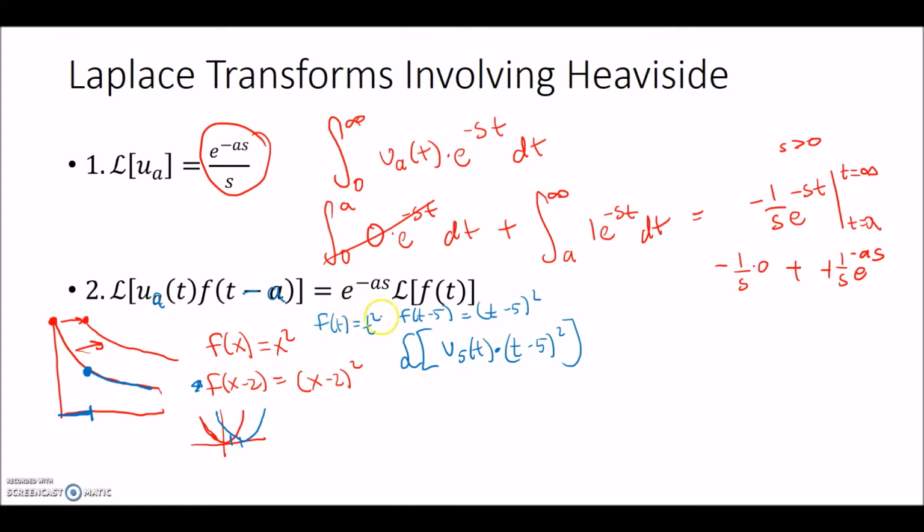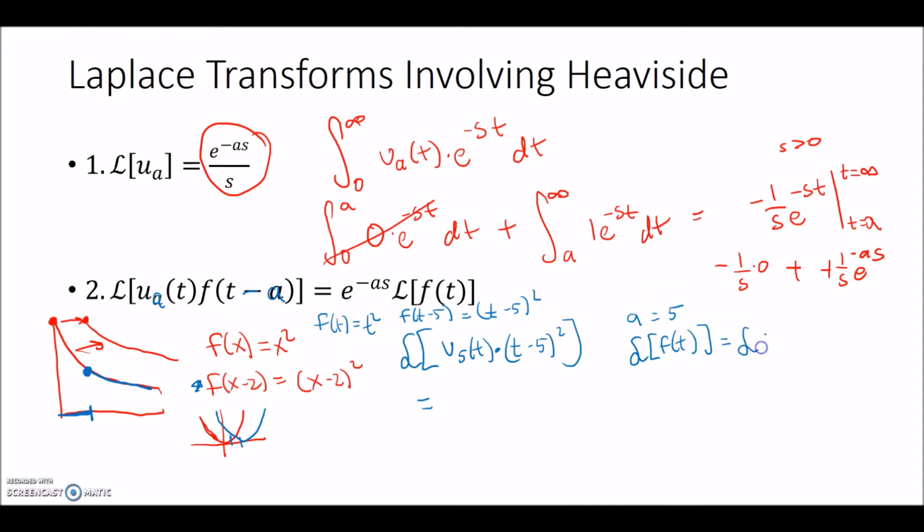And the right-hand side says, well, it's going to be e to the negative as. In my case, a is equal to 5, and multiplied by the Laplace of f of t. Okay, well, wait a minute. F of t minus 5 is t minus 5 squared, but f of t is t squared. So the Laplace of f of t, which is the unshifted version of that function, is just t squared, the shifted version is t minus 5 quantity squared.